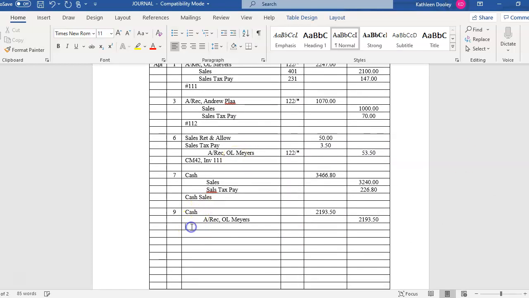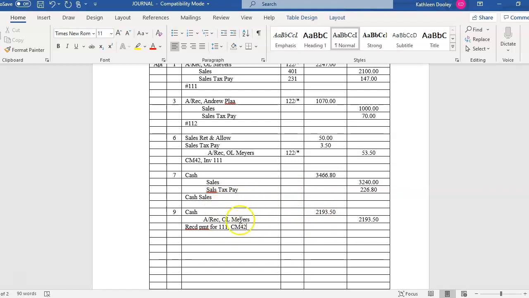Debits equal my credits. I'll receive payment for 111, CM42. Okay. Now I ask myself, do I need to post anything right away?